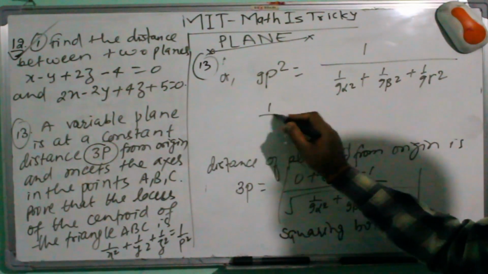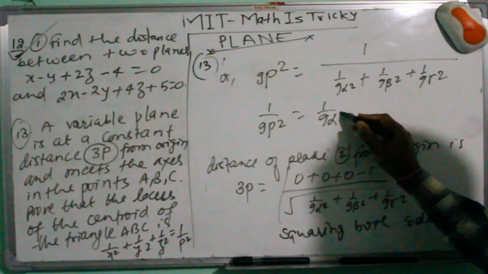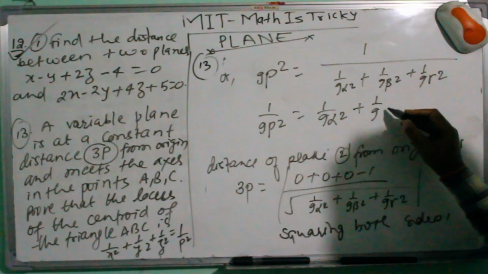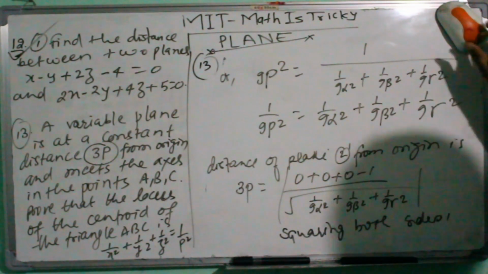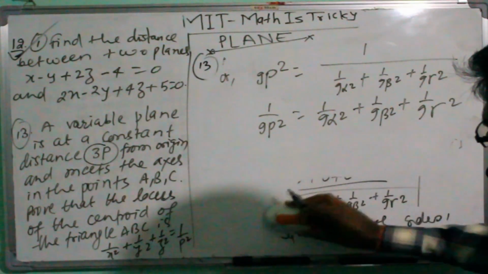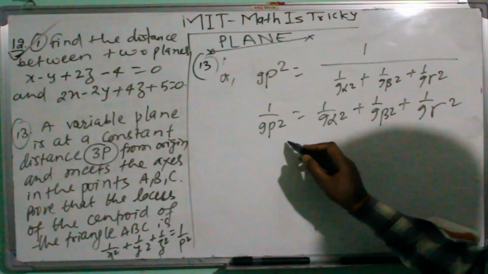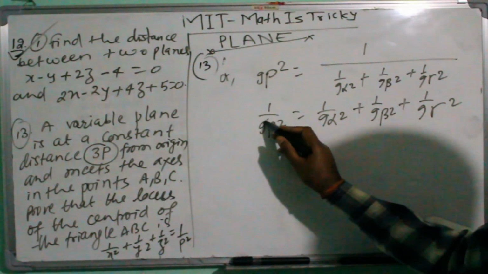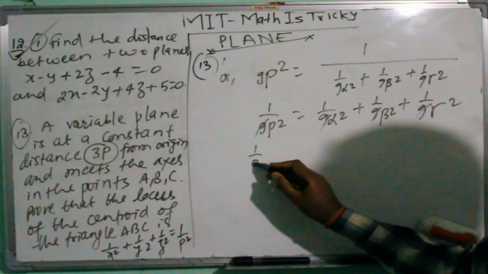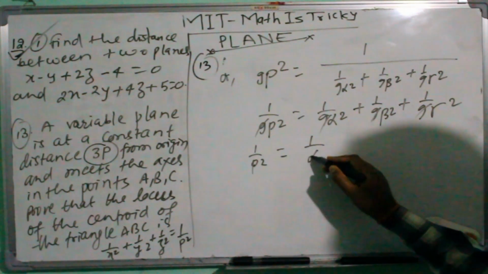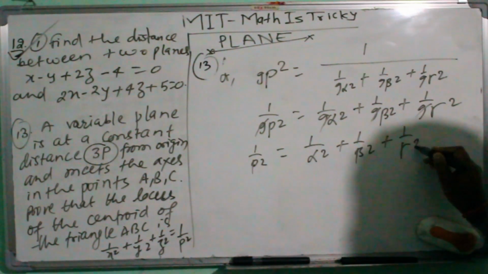Doing reciprocal on both sides, we get 1 by 9p square equals 1 by 9 alpha square plus 1 by 9 beta square plus 1 by 9 gamma square. Now we can cancel 9 from each, so we get 1 by p square equals 1 by alpha square plus 1 by beta square plus 1 by gamma square.